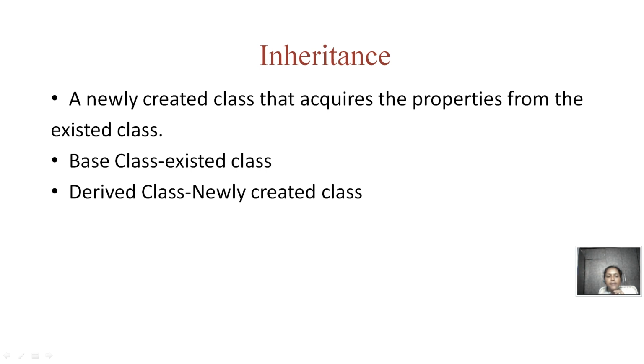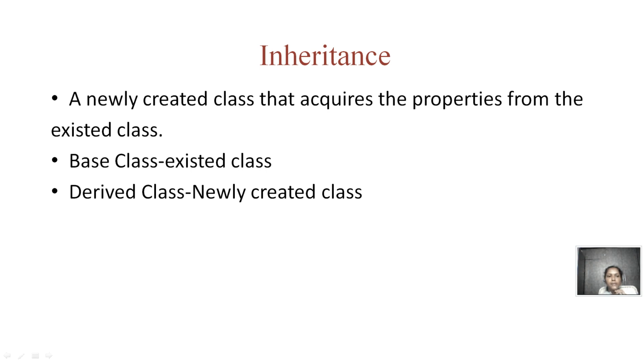So again, a newly created class acquires the properties from an already created class. One class is created with some variables and methods. The newly created class wants to acquire those properties without redeclaration. It is possible with the help of inheritance.